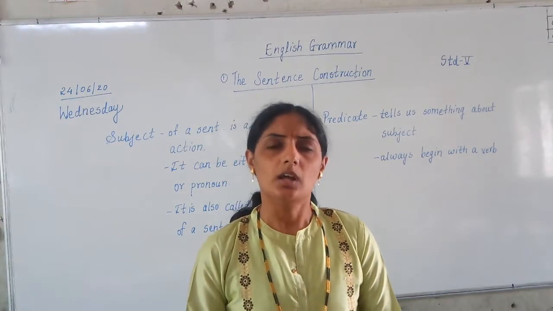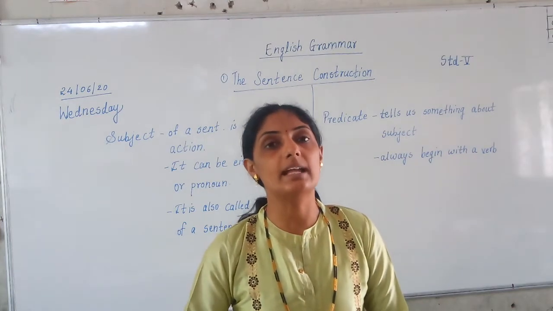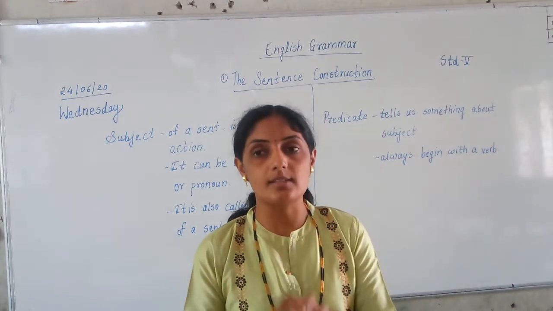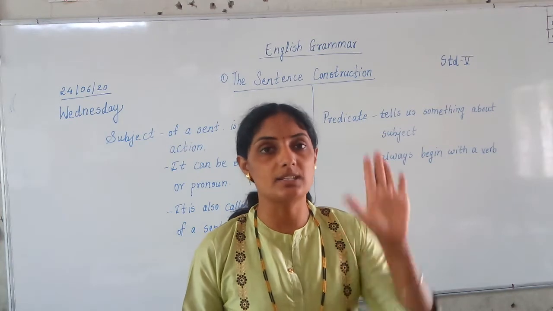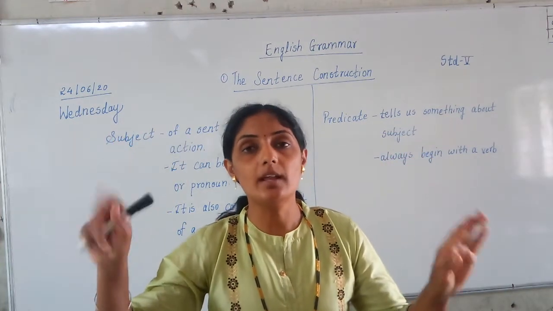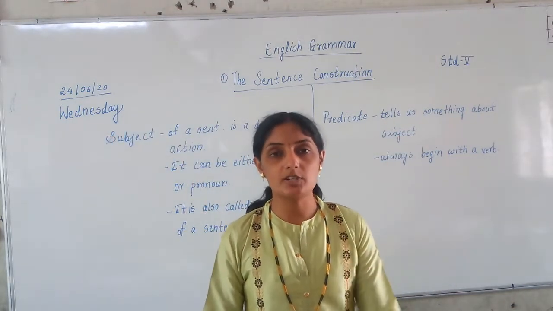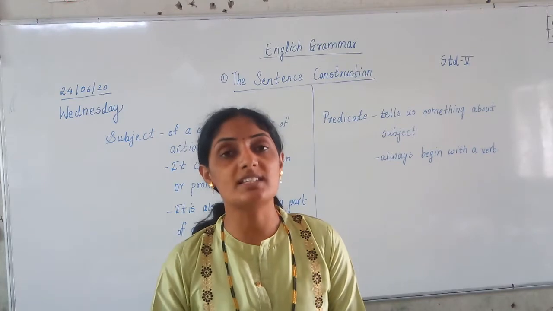Now what were we talking about? We were talking about how to form a sentence. When we construct a sentence, it requires 2 things: one is subject and the other one is predicate. Now in yesterday's period we studied about subject. What is subject?